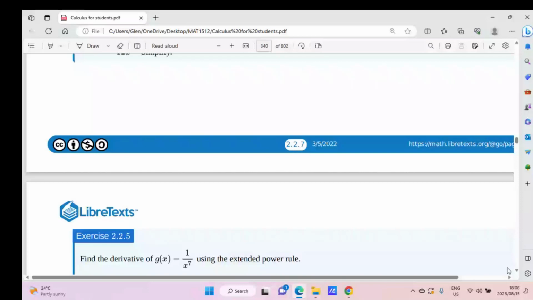It gave me negative 7x. I used the power rule, then took it back to its original form, which was 1 over x to the power 7, and I got negative 1 over 7x to the power 8.